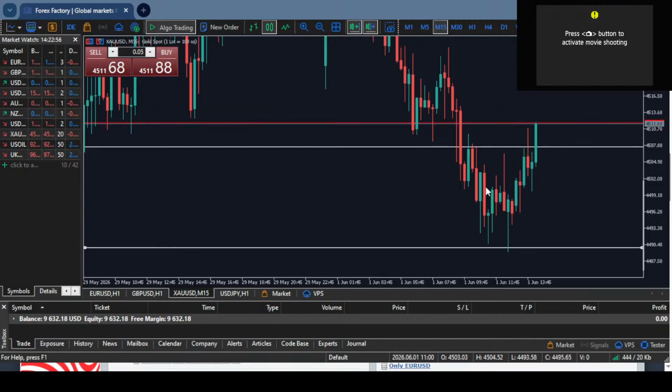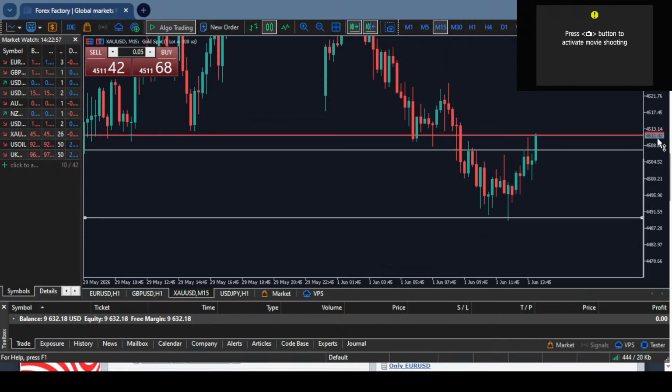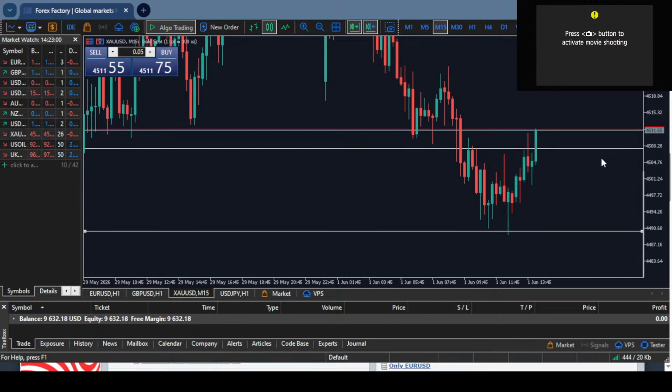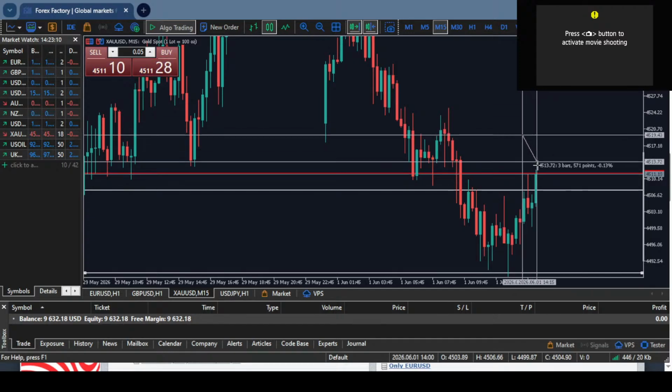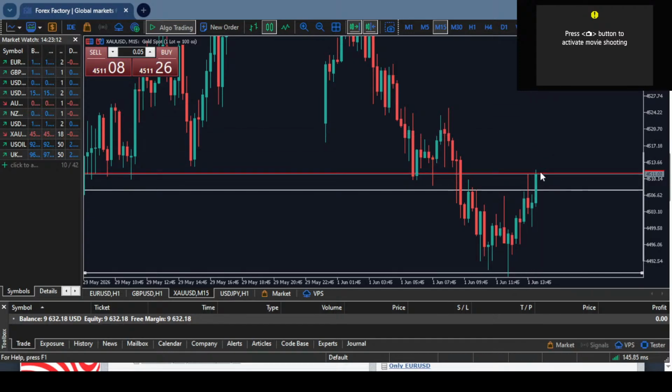I personally don't like gold when it gets out of my hand, man. If it closes like this, nah, man, you're taking my trade away. 80 pips up, I don't like that.